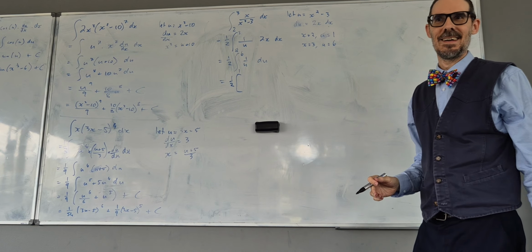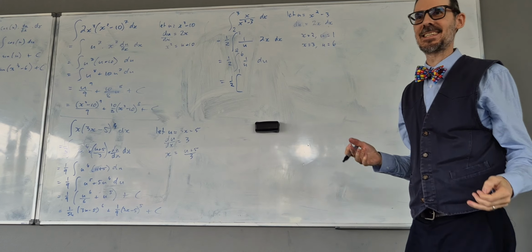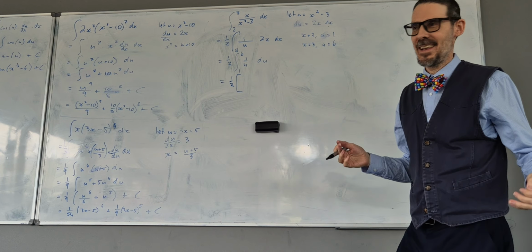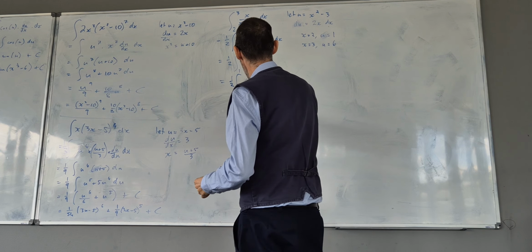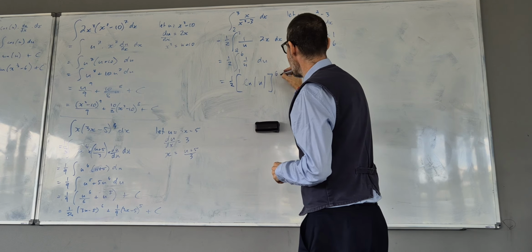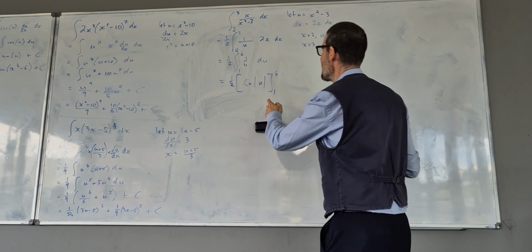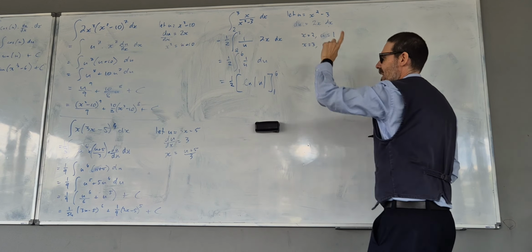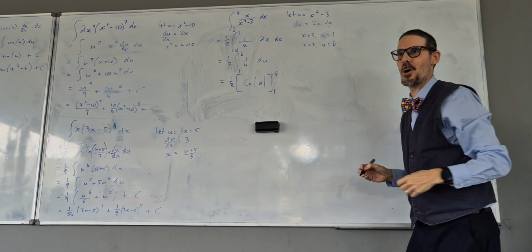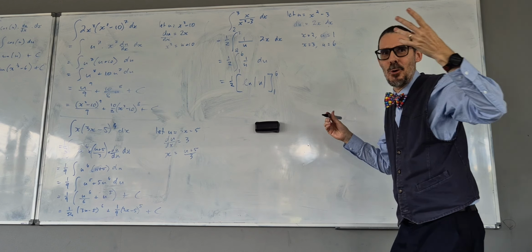We just did it. Log u from 1 to 6. I don't have to change u back into x at all. I just substitute 6 and substitute 1. They're all positive numbers, so I don't even need the absolute values.